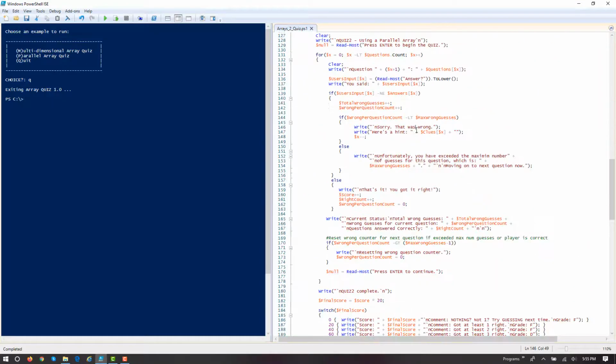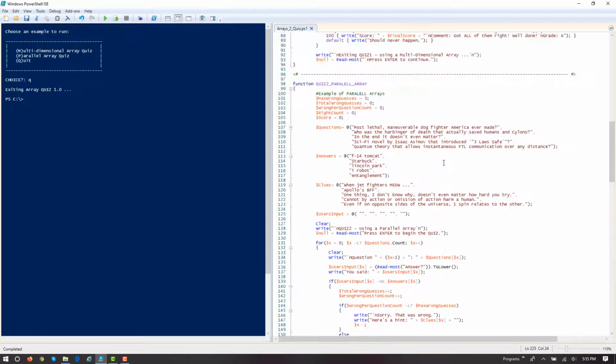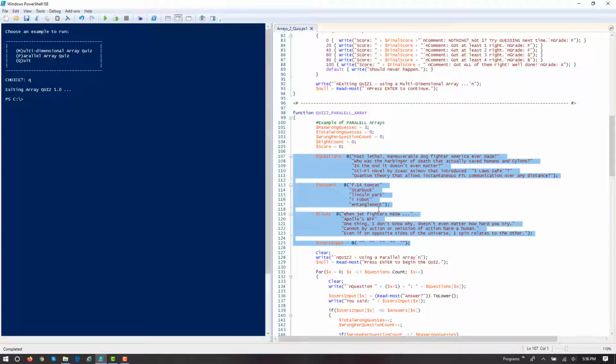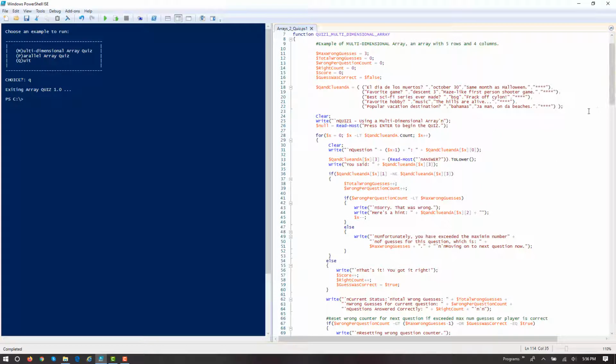Now, the next thing we're going to do, use a parallel array. And essentially the behavior is the same, but instead of 1 array, to achieve the same thing, I'm going to need 4 arrays. And they're going to have to maintain a vertical or parallel relationship. So, at this point, can you see the usefulness, right?